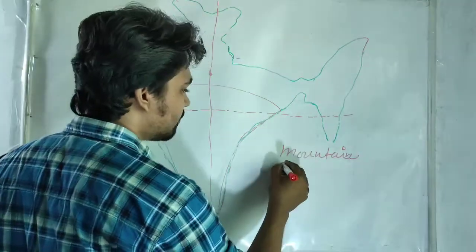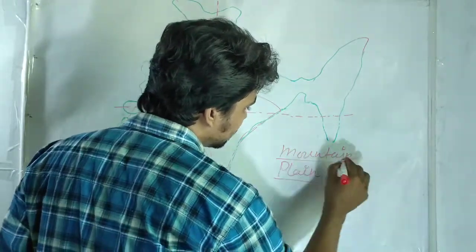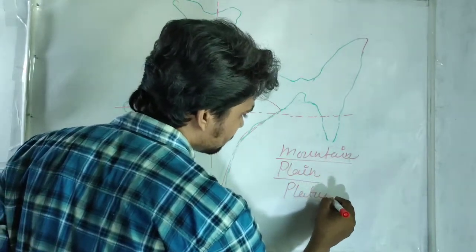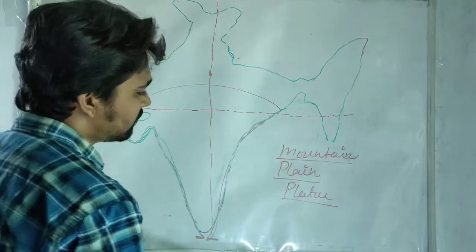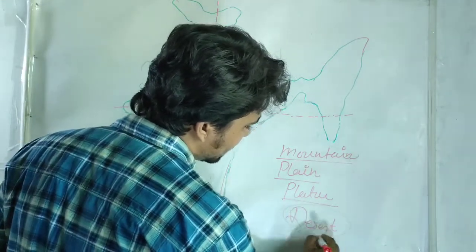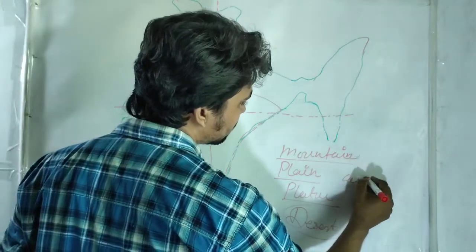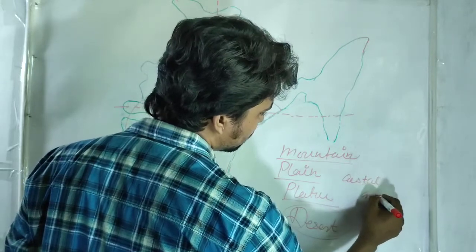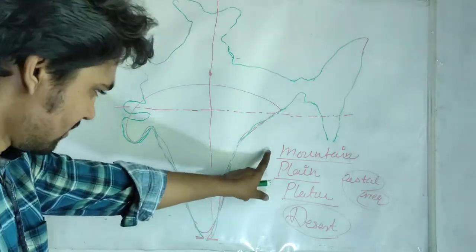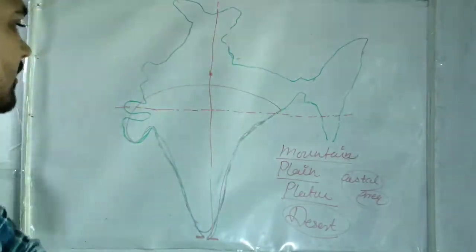The second one is plain area. The third one is plateau area, the fourth one is desert area, and the fifth one is coastal areas. We will discuss India in these 5 major categories.